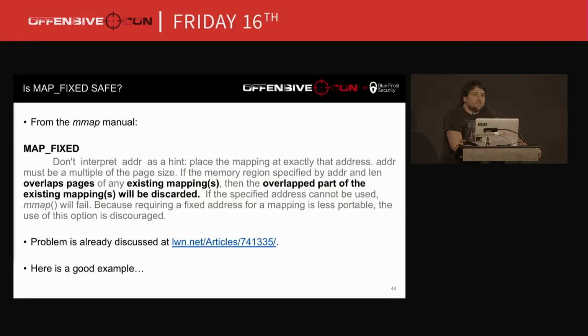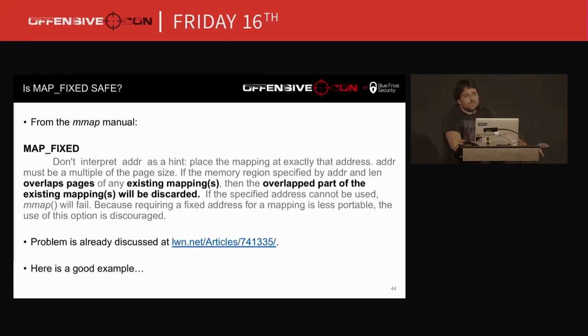One of the interesting flags of mmap is MAP_FIXED. This flag allows you to fix the address that you request. For example, if you need mmap to allocate memory at an exact address. And in the manual there is a point that if you have an existing mapping there, it would be discarded.